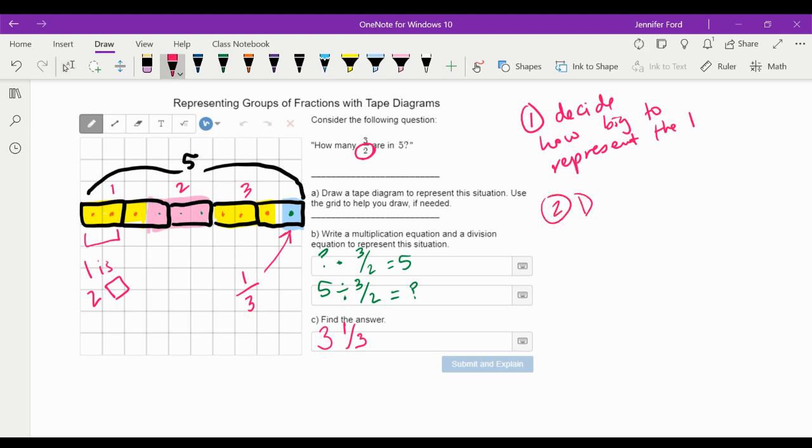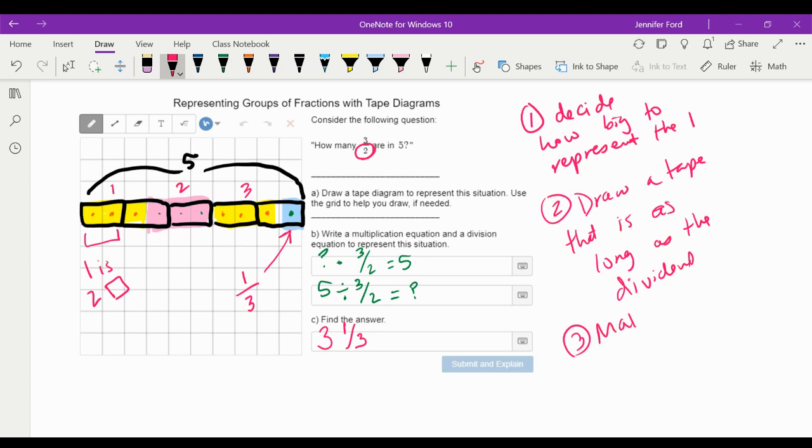Number 2, draw a tape. Oops, that is not a word. Draw a tape that is as long as the dividend, and then make groups the size of the divisor.